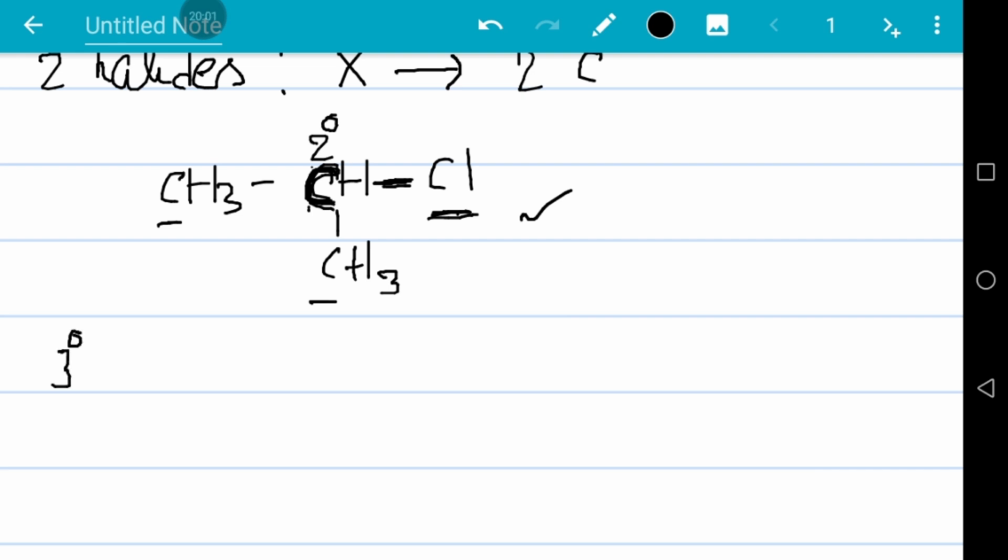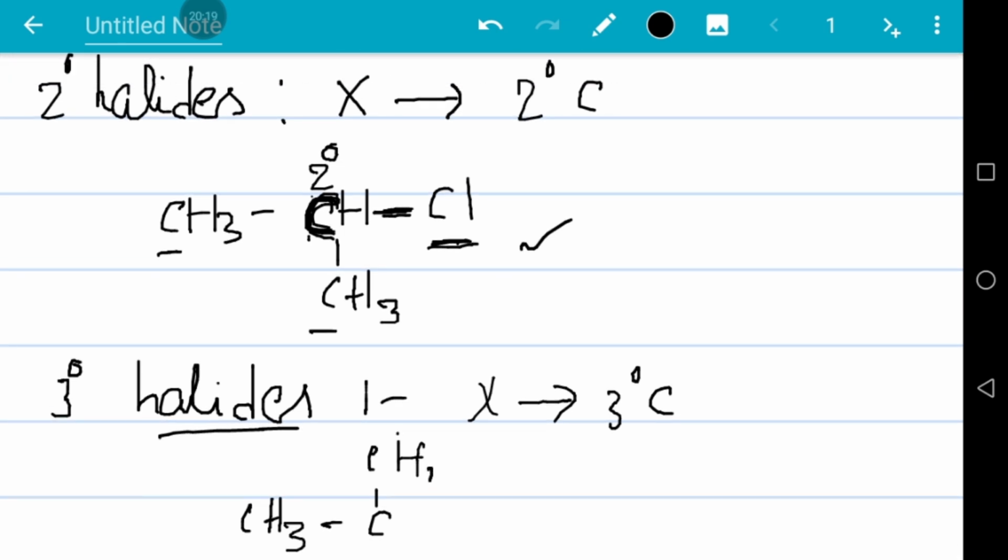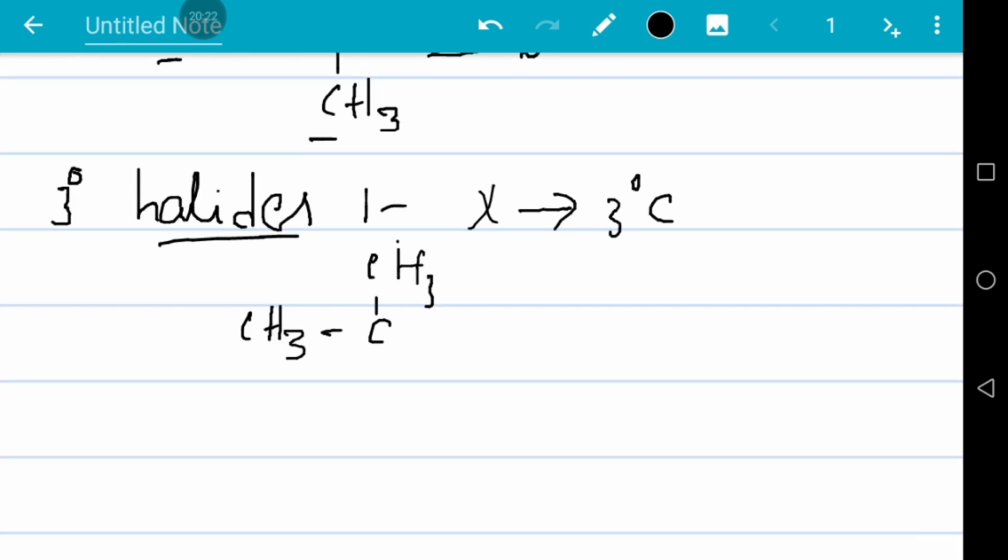And the next one is the tertiary halides. So what do tertiary halides mean? Halogen is attached to a tertiary carbon. For example, (CH3)3CCl.